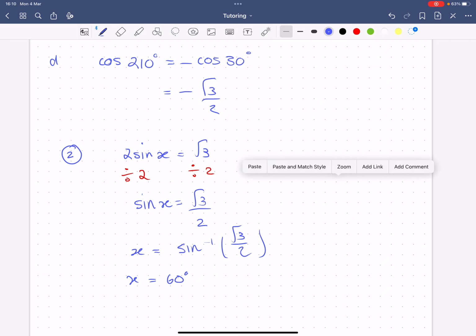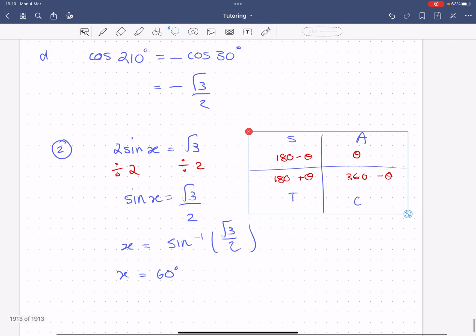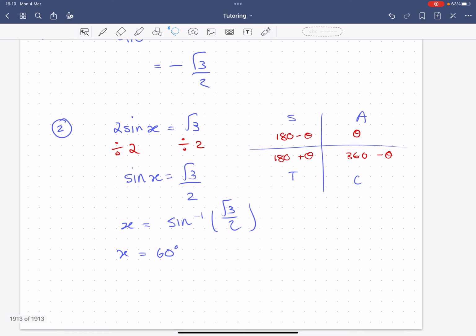However, as I've said in class many times, all trigonometric equations have two answers. If you just give me one answer, it's not good enough because there's always two answers. When we do these questions, once I've got my acute angle, we need to ask ourselves, okay, root 3 on 2, is that a positive or a negative number?